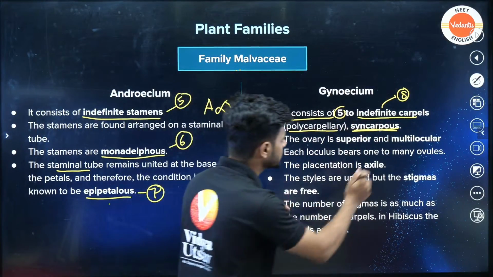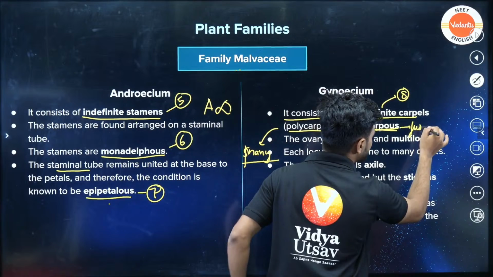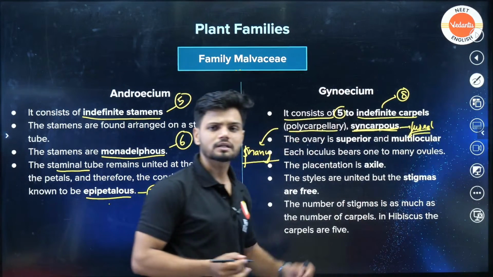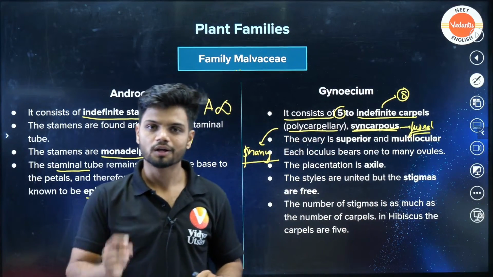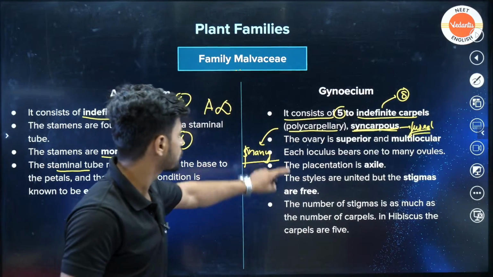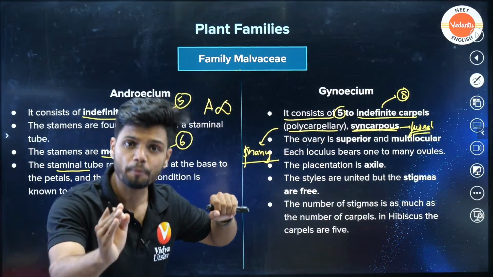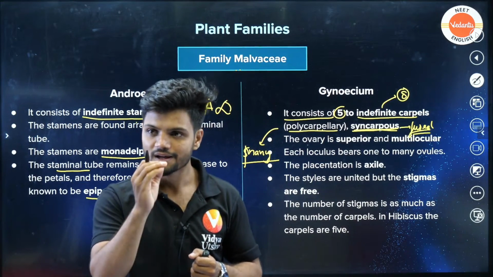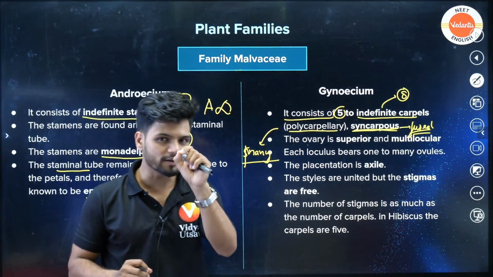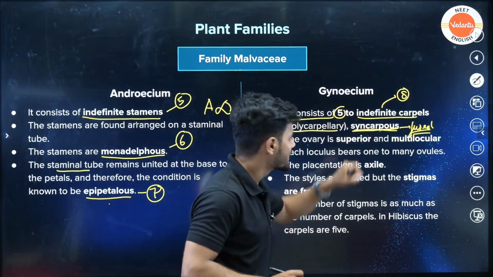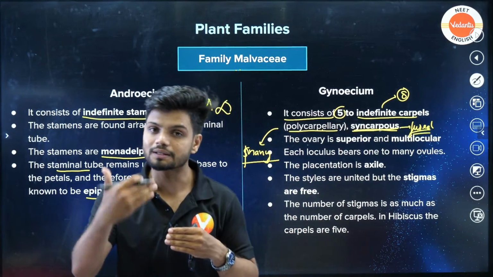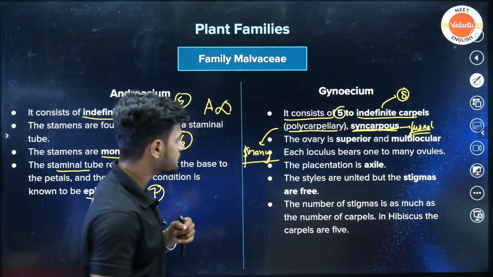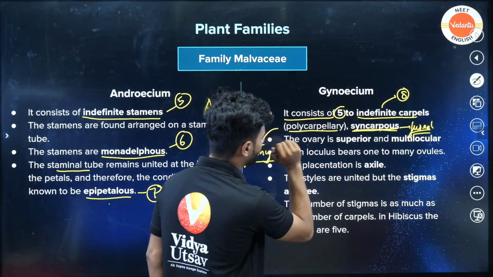Now, sir, what is the opposite of syncarpous? The opposite of syncarpous is not polycarpous, but apocarpous. Remember that point very well. Clear? Now, that is your 8th point done.